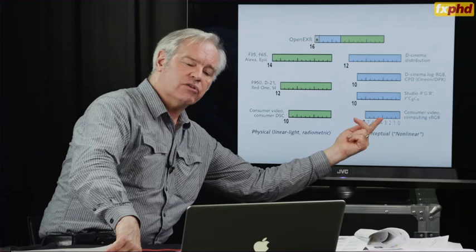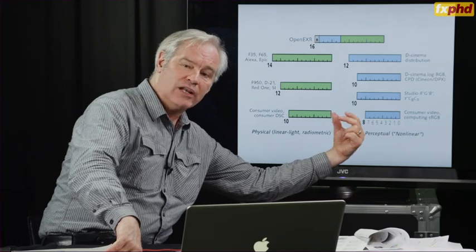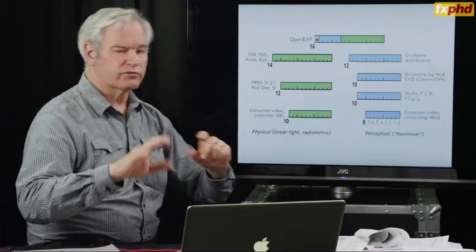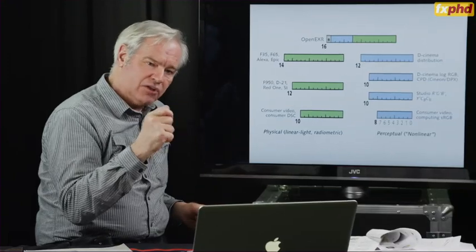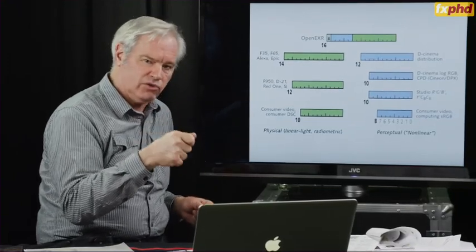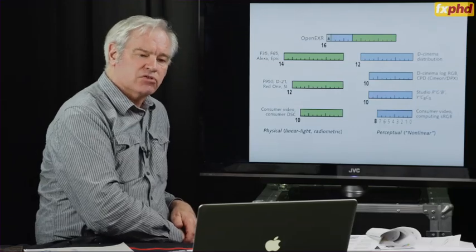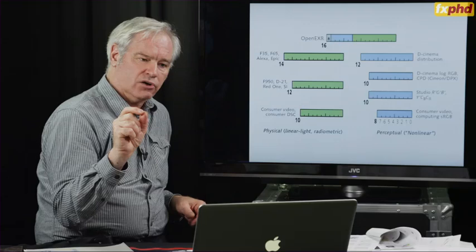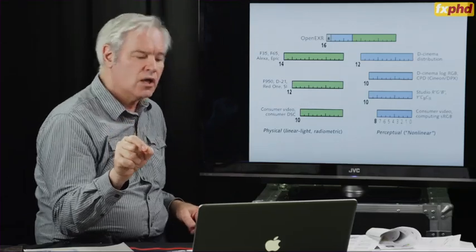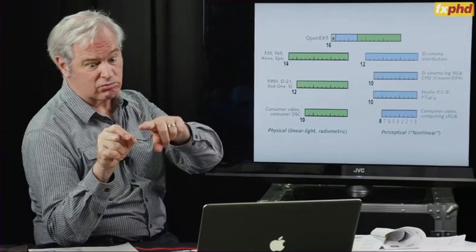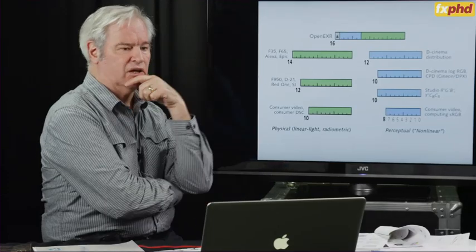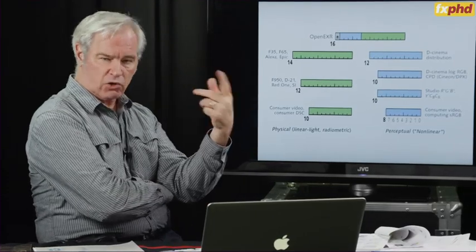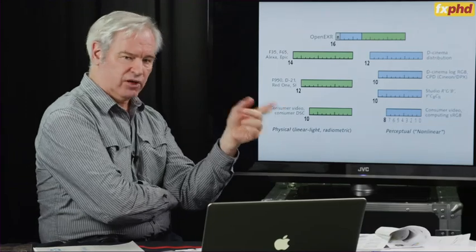Now, in order to get into that space from a radiometric camera, and virtually all the cameras we use in image acquisition start by effectively counting the photons. So the cameras we use have sensor devices that are intrinsically linear light, but typically in the camera right after the sensor, we've got a curve that goes into perceptual space for use in recording and interfacing.